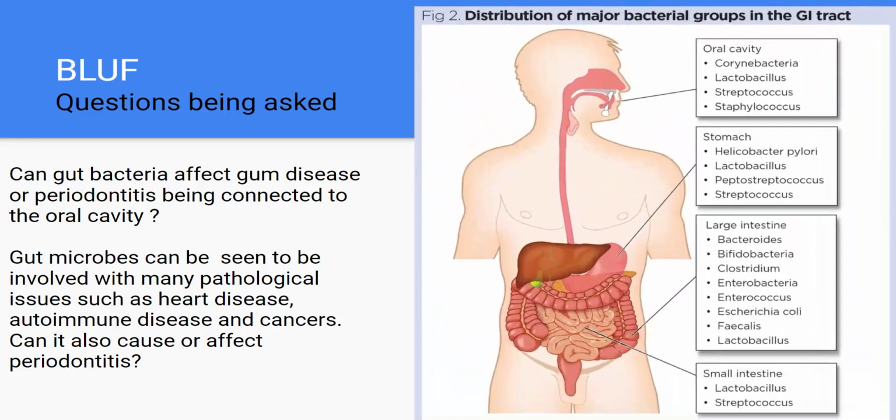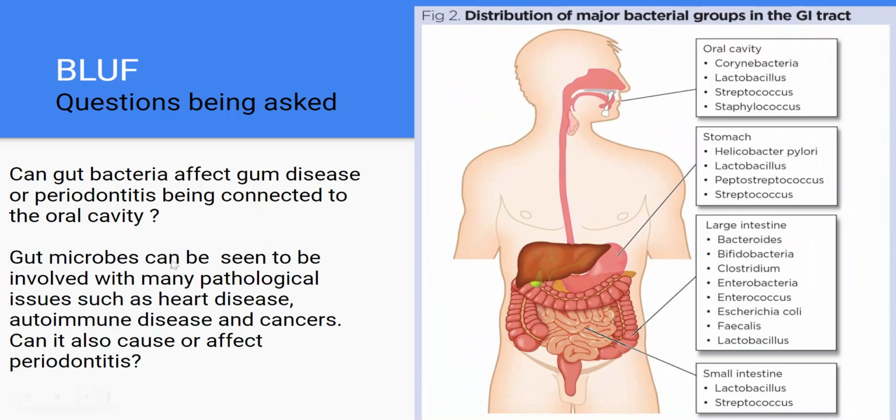Now, the question being asked in this research article is: can gut bacteria affect gum disease, or periodontitis, which is connected to the oral cavity? So they are looking at the relationship between the gut microbiomes and the periodontitis that happens in the oral cavity.